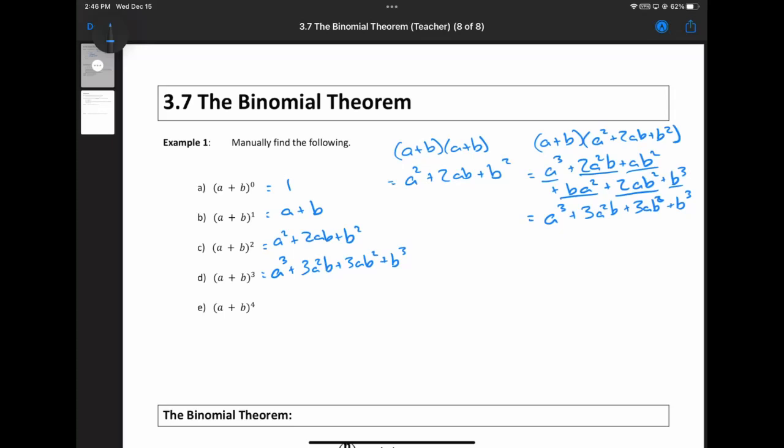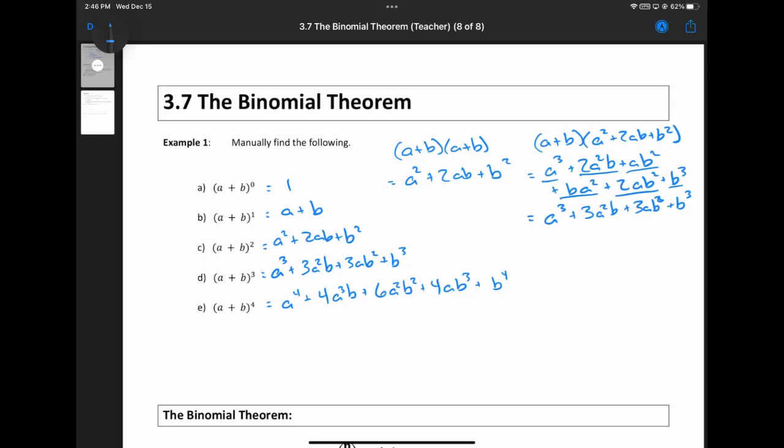But if I do it separately, I think what I'm going to end up getting is a to the 4th plus 4a cubed b plus 6a squared b squared plus 4ab cubed plus b to the 4th. Okay, that looks like a mouthful. That's a lot to write out.